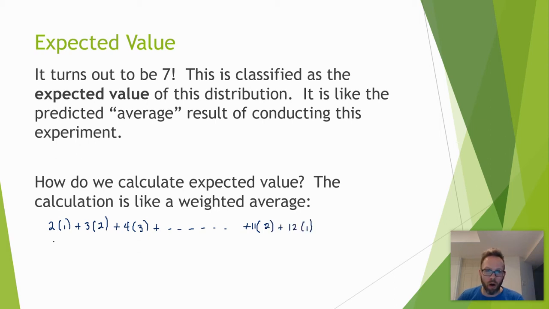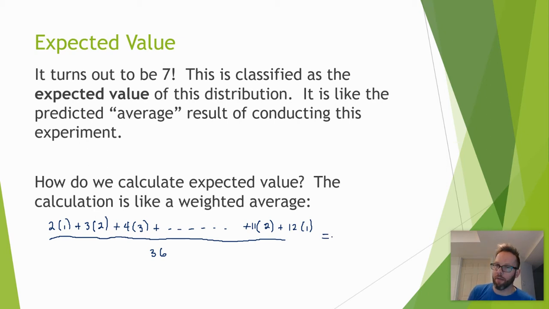So you multiply all of those outcomes by how many times they occur and divide by 36. This is something you guys could have already done coming in. It's just an average, but since some of those things happen more than once, instead of writing 4 plus 4 plus 4, it's a lot easier to write that as 4 times 3. It might be worth taking a moment and actually trying that calculation. So what is 2 times 1 plus 3 times 2 plus 4 times 3 plus 5 times 4?